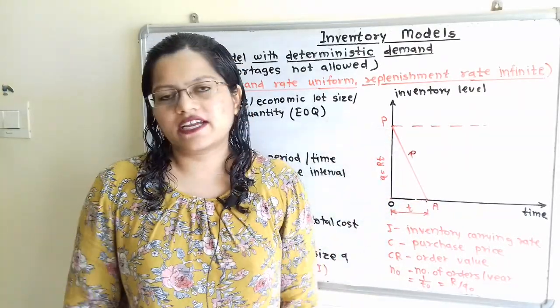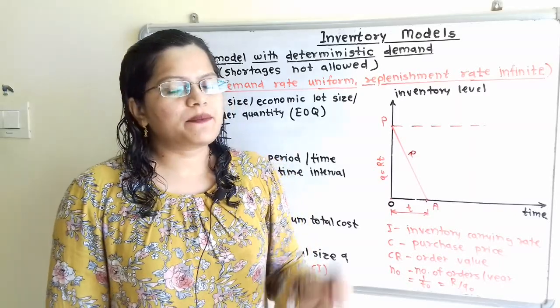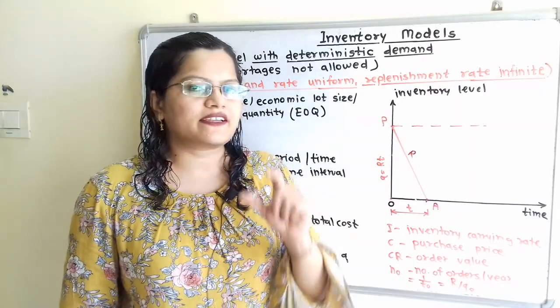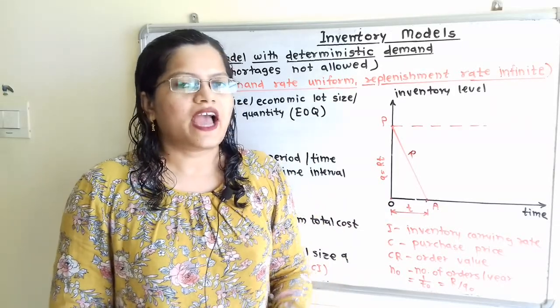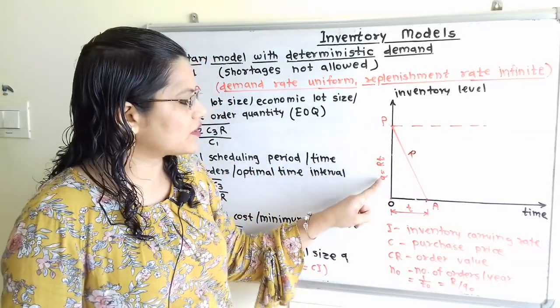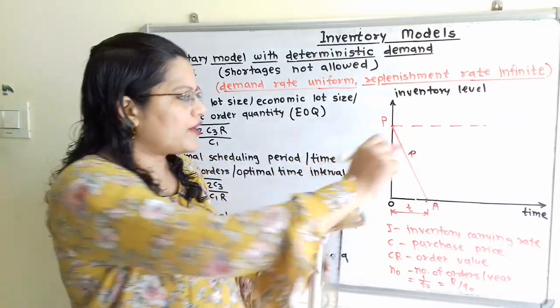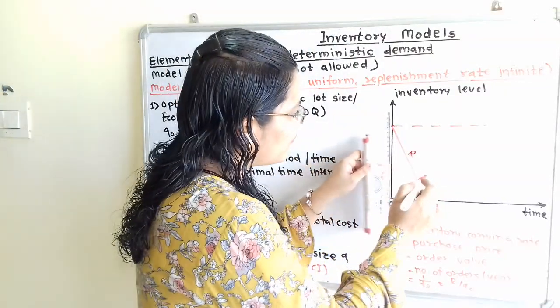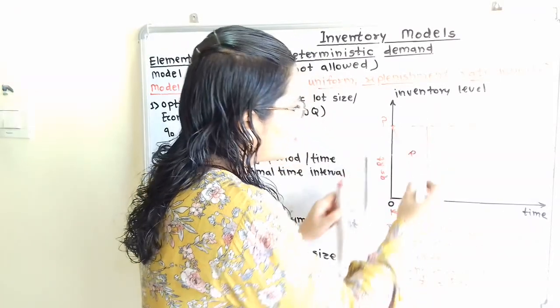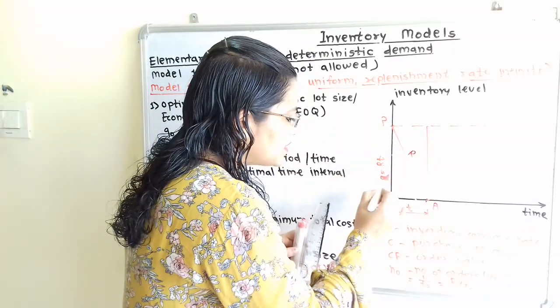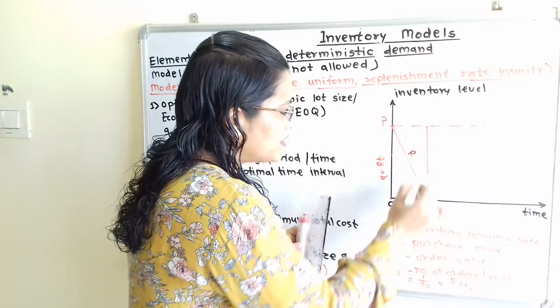We can draw the next pattern from this point A, because at this point A all the inventory is consumed. Now replenishment time is negligible, that is, to fill up the stock no time is required, and we have to fill the same stock, that is Q. So up to point P we draw one vertical line from point A. Here the stock is filled up to inventory Q within no time.